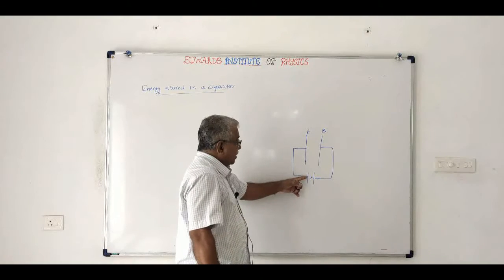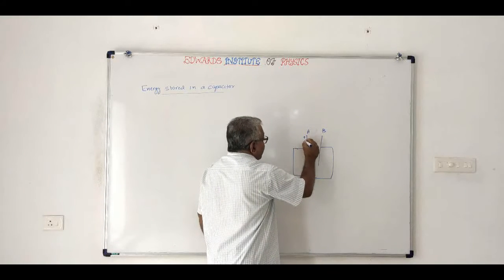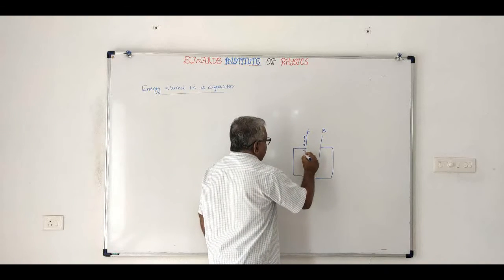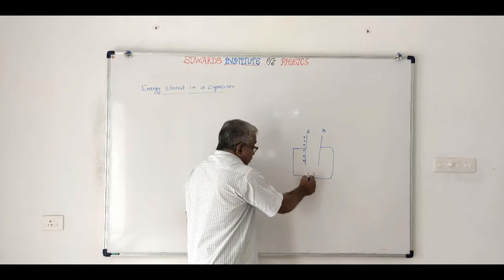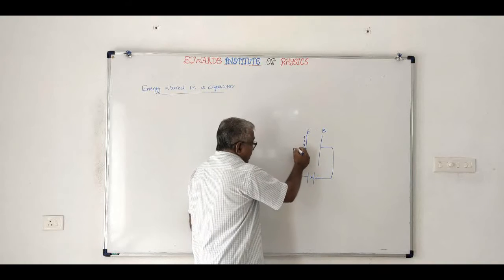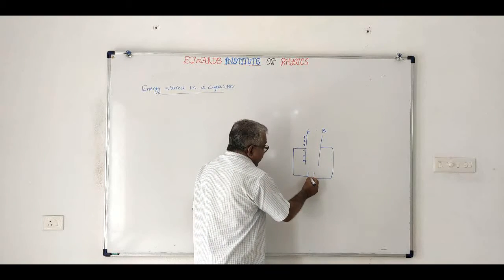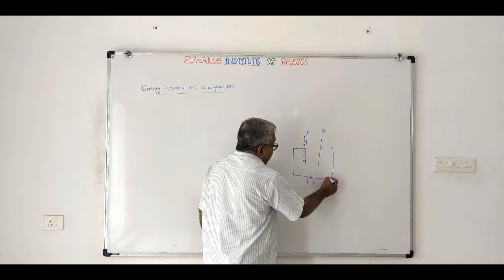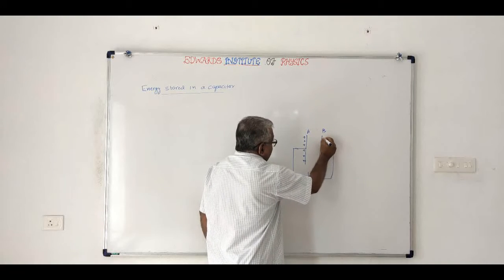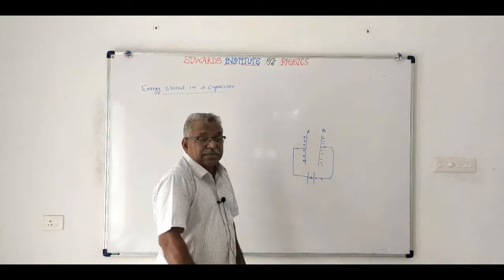So what happens? The positive charge will move to this point, and as the positive charge moves to this plate A, there will be a movement of positive charge from this plate. So this will become negatively charged.